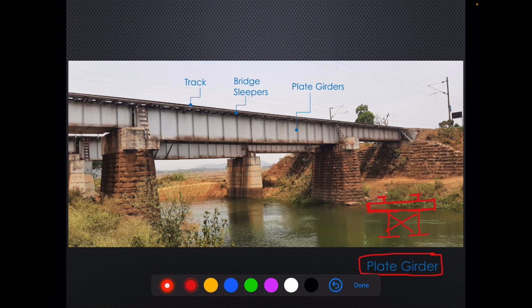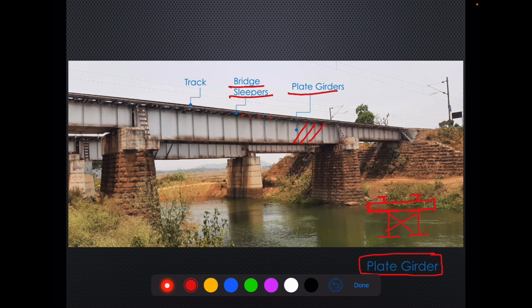So this is our plate girder, over which bridge sleepers have been provided. These are the bridge sleepers, and over which this track has been provided.